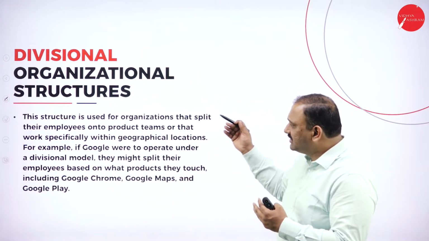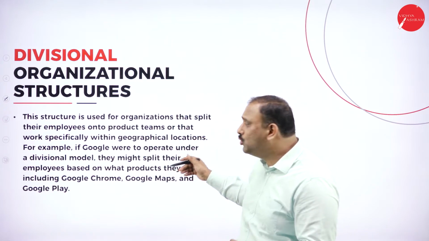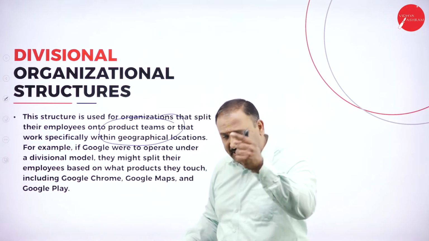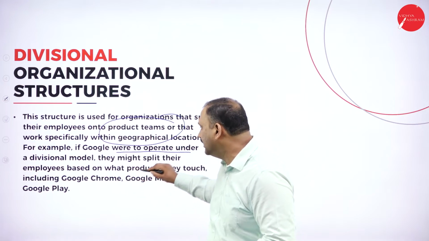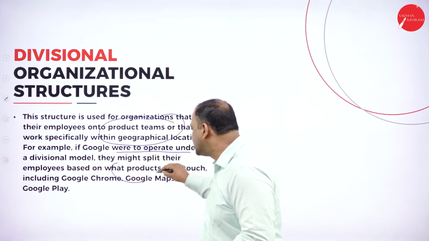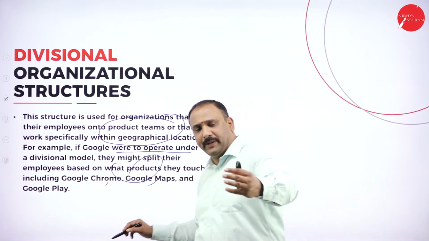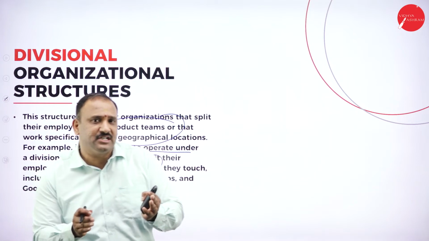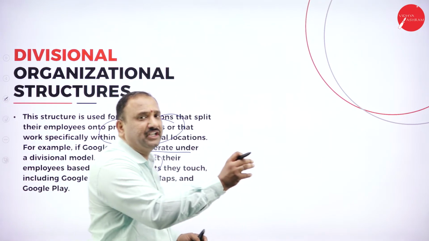Followed by, now this structure is used for organizations that split their employees into product teams or work specifically in geographical areas. For example, if Google were to operate under a divisional model, then they might split the employees based on the products, including Google Chrome, Google Maps, Google Play, or Google Business, whatever that is. What they try to do here is split their employees based on the need of the product.